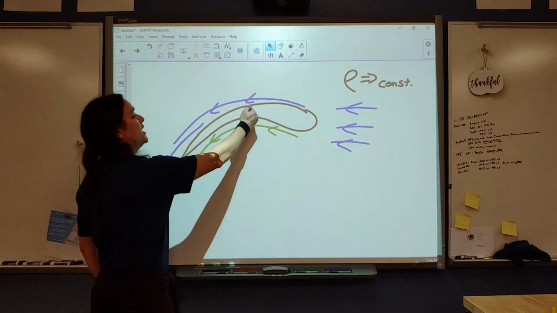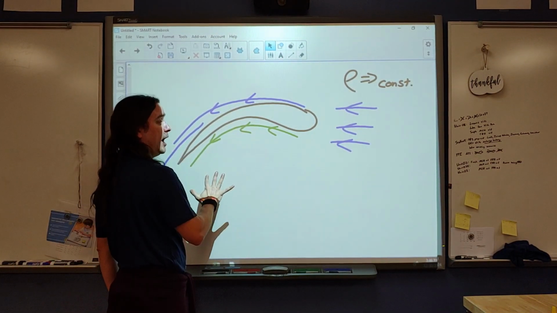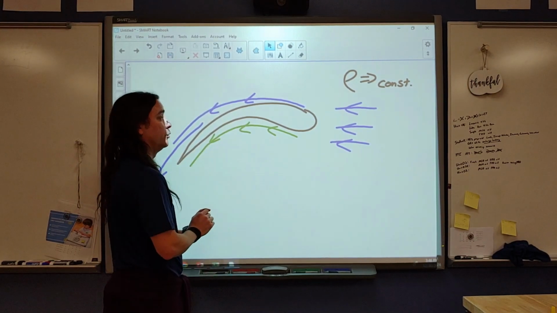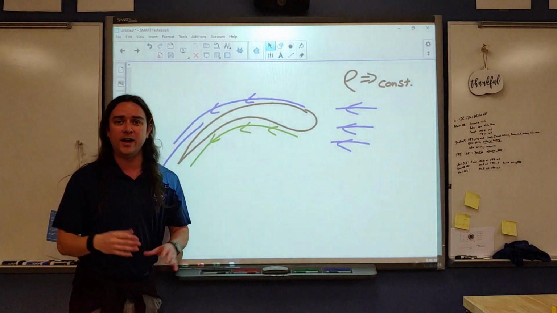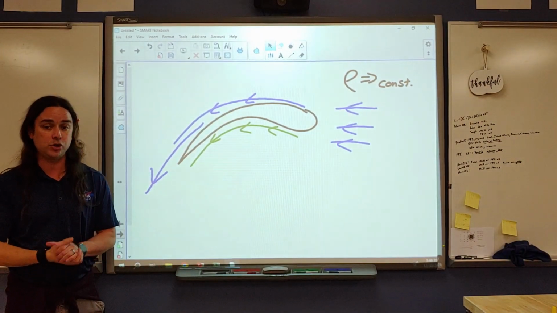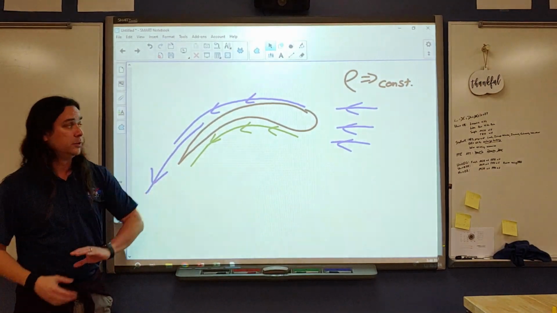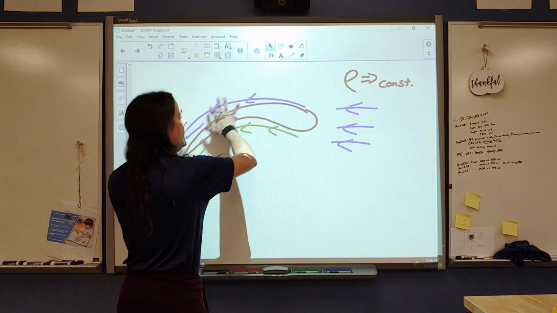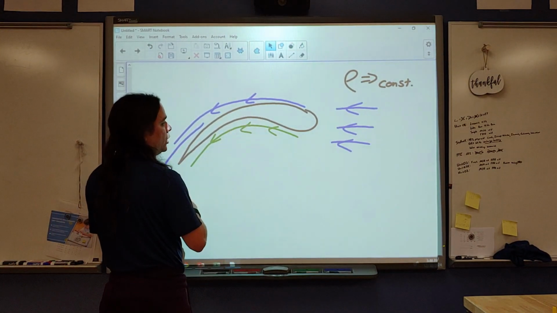But if the wing applies a downward force onto the air, by Newton's third law, the air must apply an upward force onto the wing. That's a Newton's law approach that is very descriptive of how planes end up flying, and one of the reasons why the wing shape can be very useful.